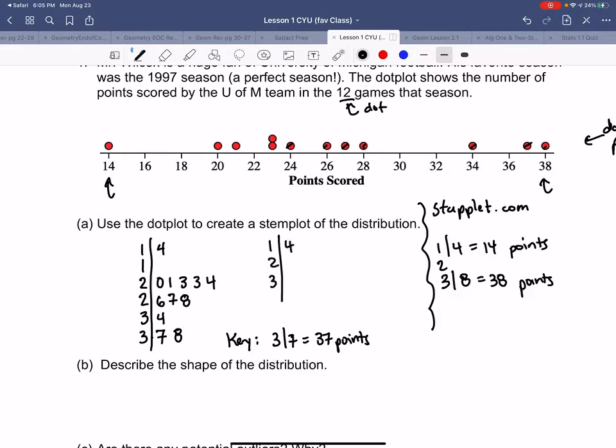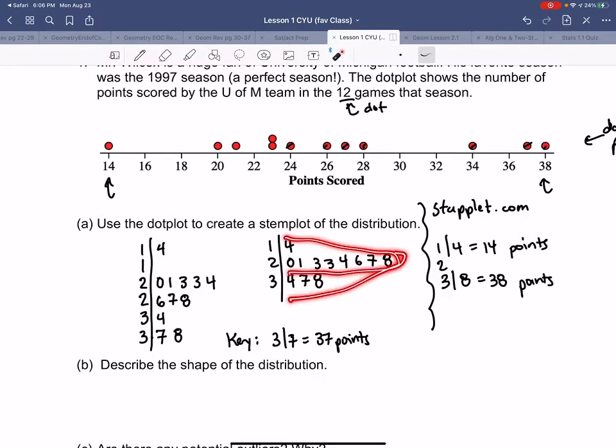We had 14, 20, 21, 23, 23, and 24, 26, 27, 28, and then 34, 37, 38. Notice what I've done here is just varied the width of the bar. Here, the width was 5, and here the width is 10. Now, this actually makes it a little easier for me to see the shape.